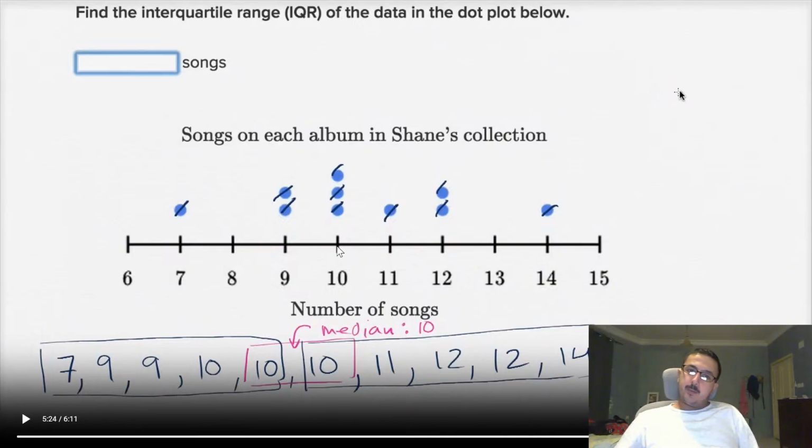Let's check it out. 1, 2, 3, 4. So I got 1 and 2. That's 3.